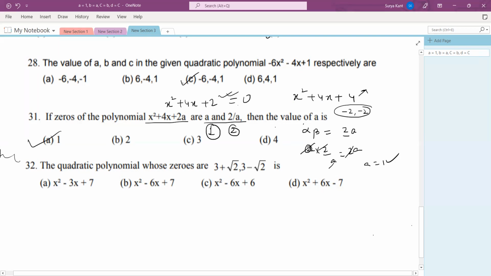Praharshan. Yes. How is it possible? This is also not possible now. So then what's the correct answer? Wait, let me check which is the correct answer over here. 31st.